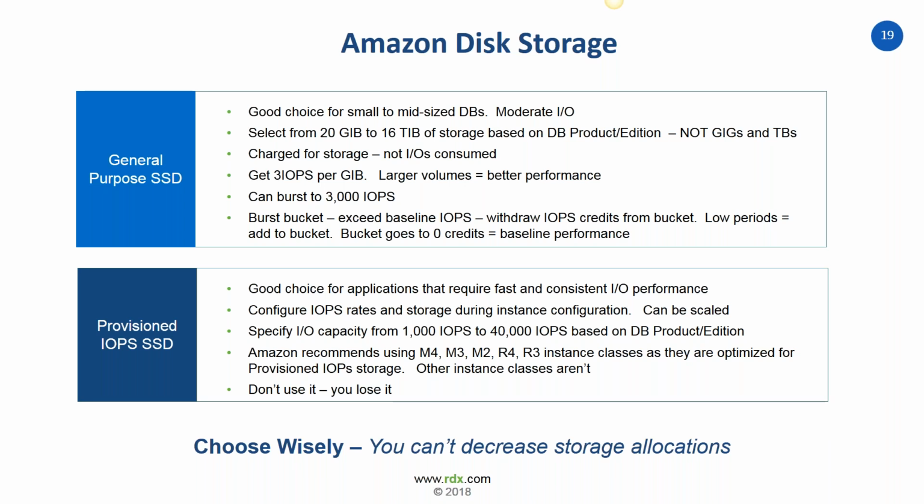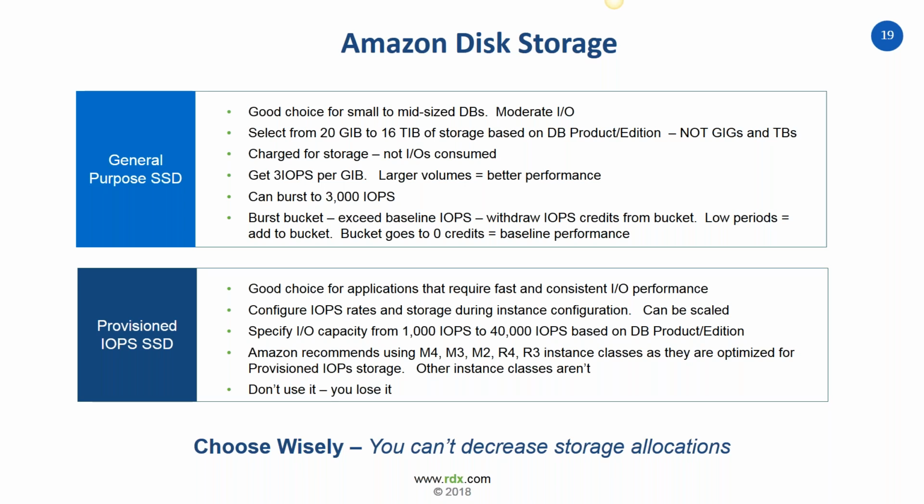The challenge we all have is trying to calculate the amount of IOPS we're going to need. You'll need to work with your friendly OS and network admins to measure your on-premises environments, and Amazon provides recommendations and calculations in their DB product-specific and general disk storage documentation. After you select your initial configuration, RDX's recommendation is to use Amazon's CloudWatch software often to monitor IOPS utilization.